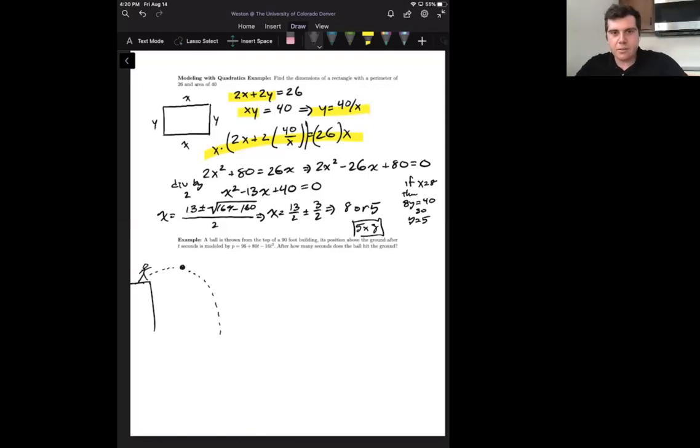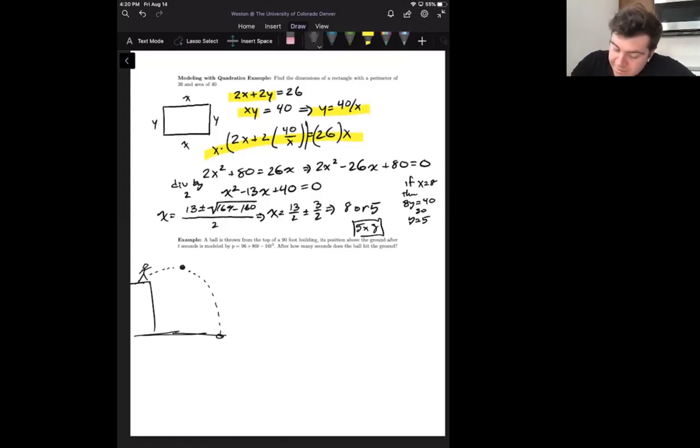So as it falls, it gets faster and faster. So for a while, it's able to travel a little bit of a horizontal distance, but then it's just moving downwards so fast that it can't travel horizontally much further than it already did. Right, but we just want to know how long it takes before it hits the ground.